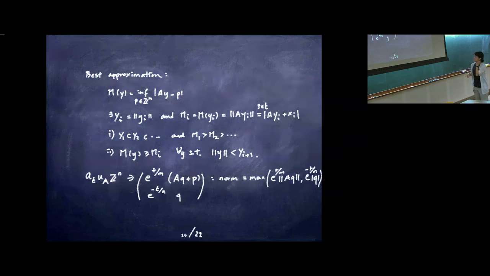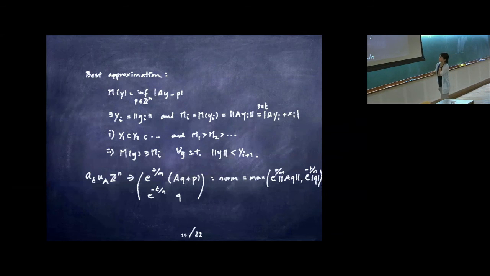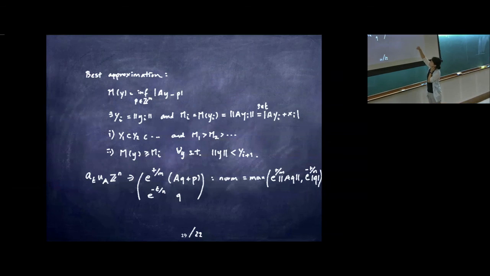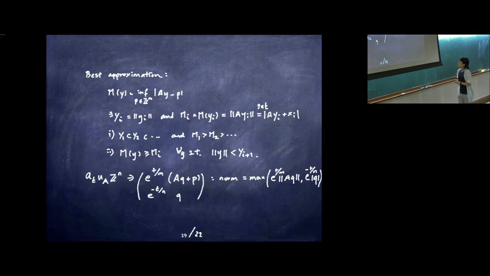What is the norm of this? The norm is the max of these two components. The first component, taking the infimum over all p's, is the distance of Aq to the integral vectors. The second component is e to the negative t over n times the length of the vector q.